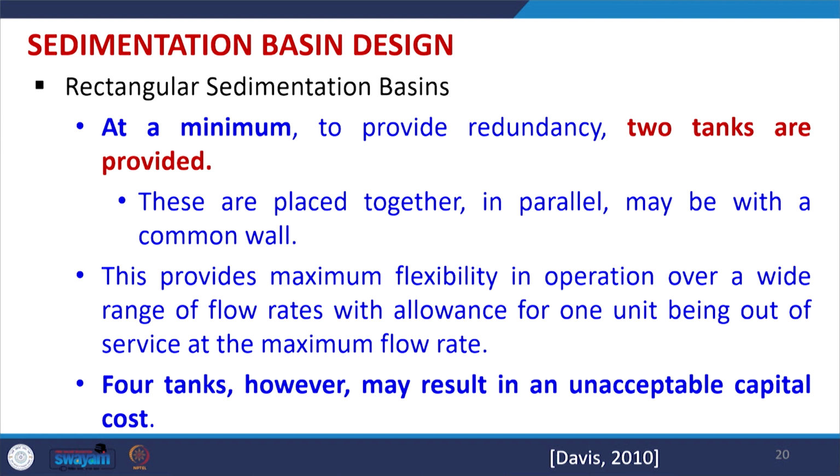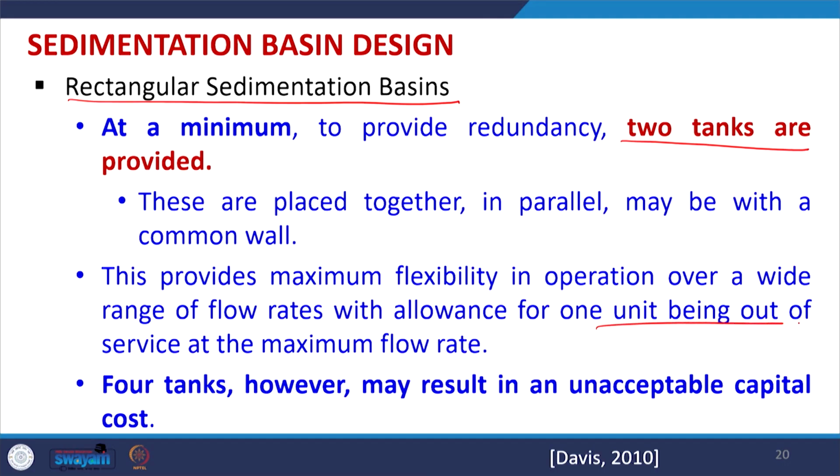Then sedimentation basin design. For rectangular sedimentation basins, at a minimum, 2 tanks are used to provide the detention. Generally, for rectangular sedimentation basins we may use 2 tanks or more. These are placed together in parallel and may share a common wall.